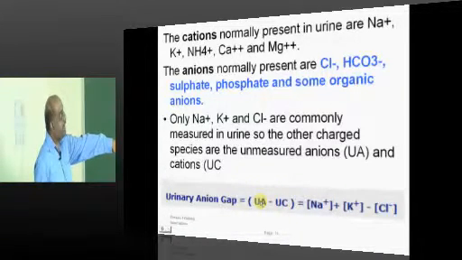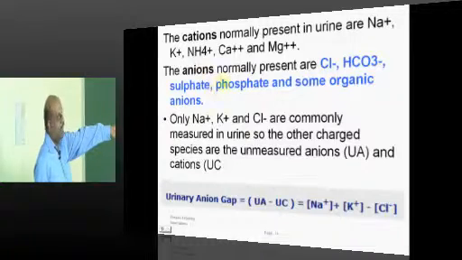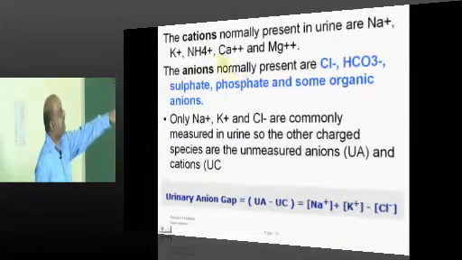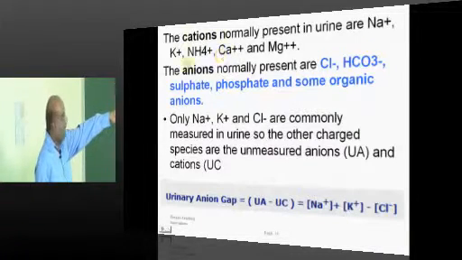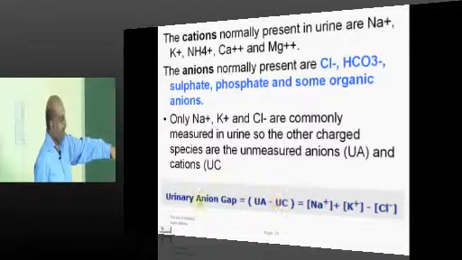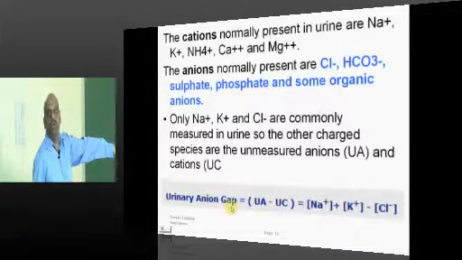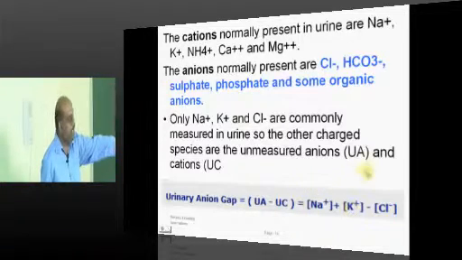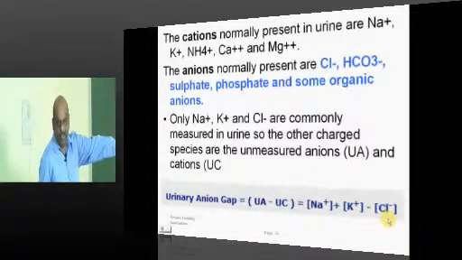What are they, unmeasured anions? Sulfate, phosphate, organic anions. Minus unmeasured cations, which include mainly ammonia, calcium and magnesium, will be called the urinary anion gap, which is calculated indirectly by measuring urinary sodium plus potassium and subtracting from that the chloride.